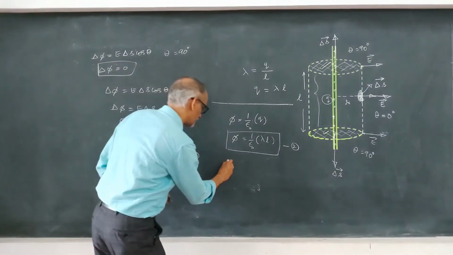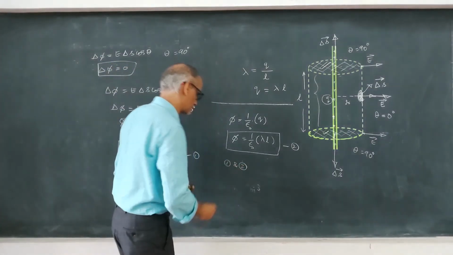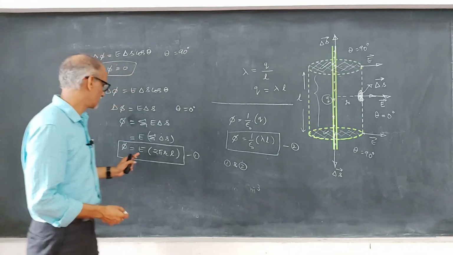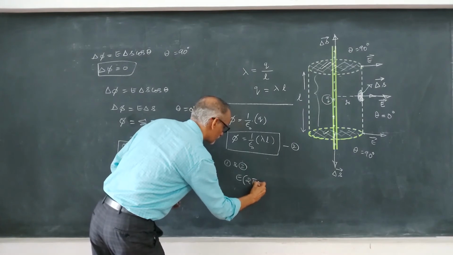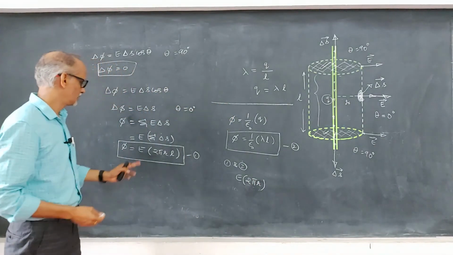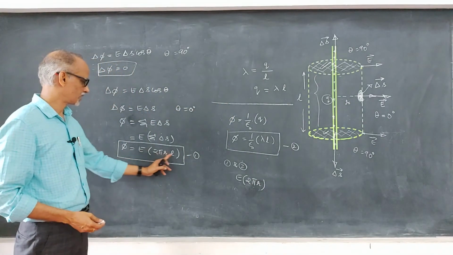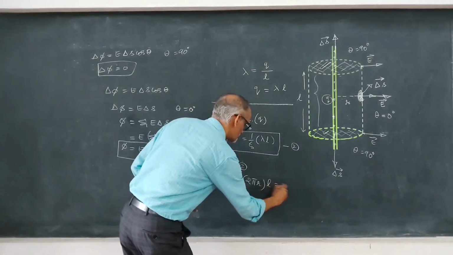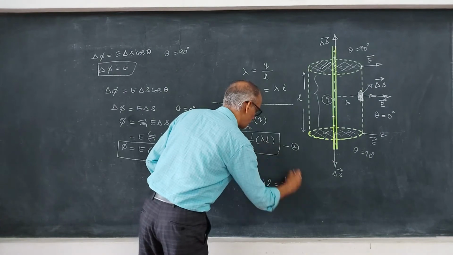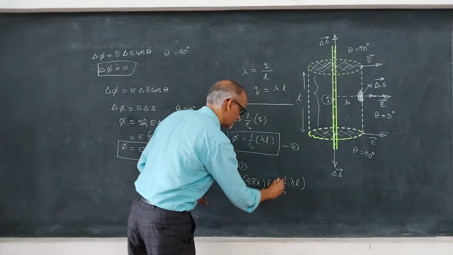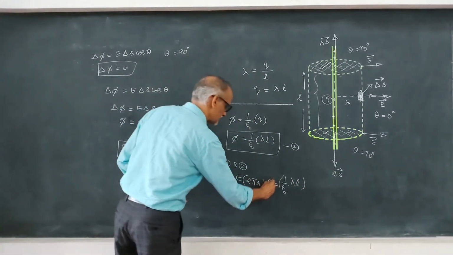So from 1 and 2, we get E into 2 pi r L is equal to 1 by epsilon naught into lambda L. So this L will cancel.